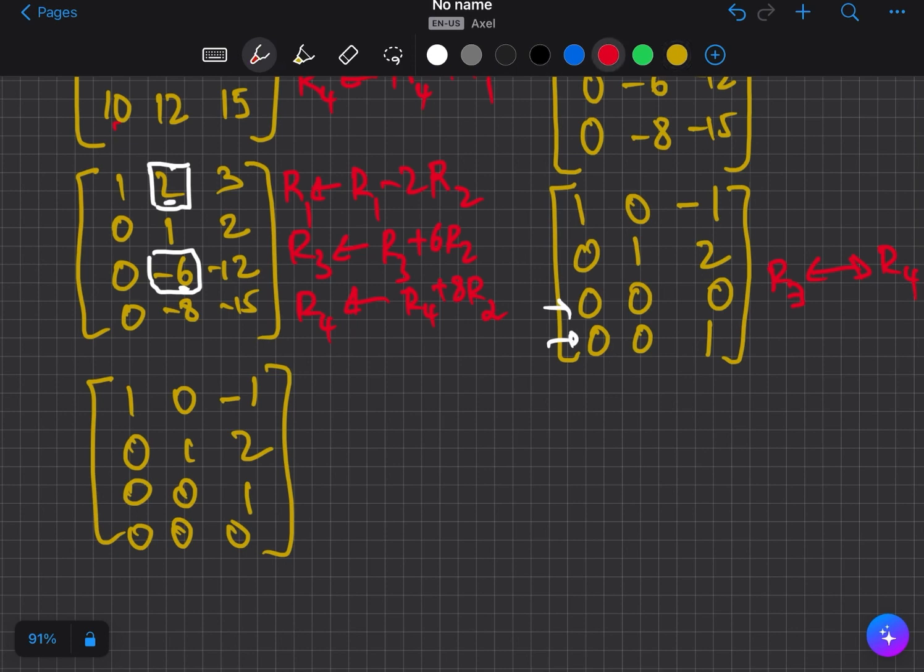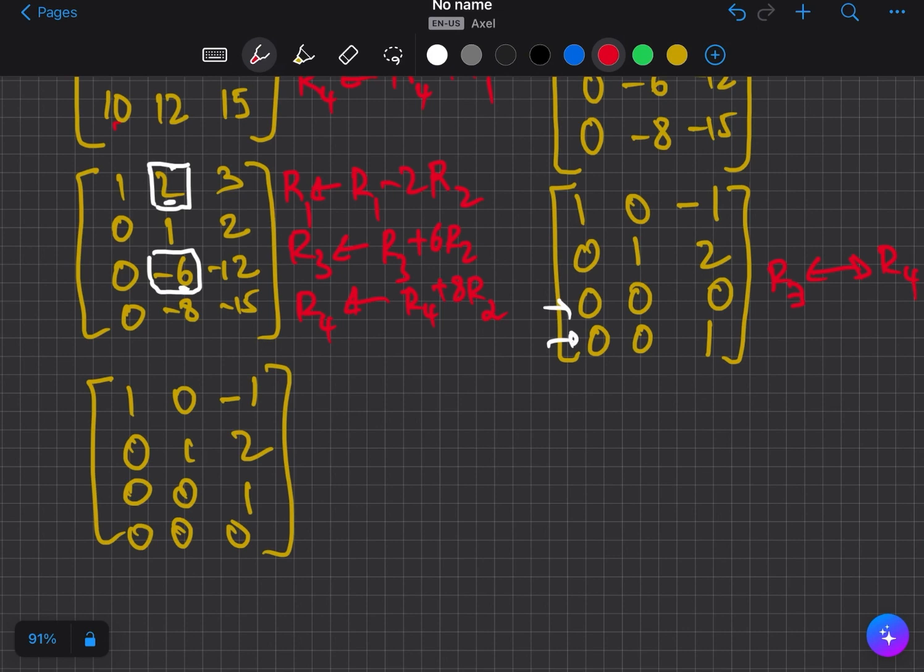What happens next is that I can also reduce further.